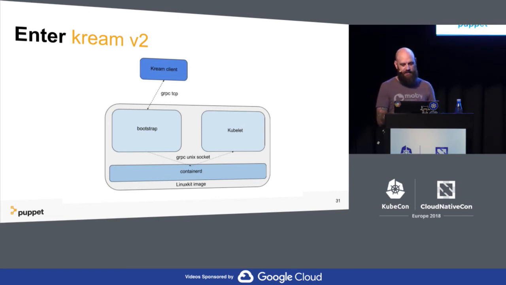Bootstrap then gets that and looks at what it needs to pass on. It speaks to containerd over a gRPC socket, and then it speaks to the kubelet container and passes the information as a process exec into kubelet and configures it. Once that's been configured, Bootstrap looks at kubelet and says, "Oh, cool, you're configured."